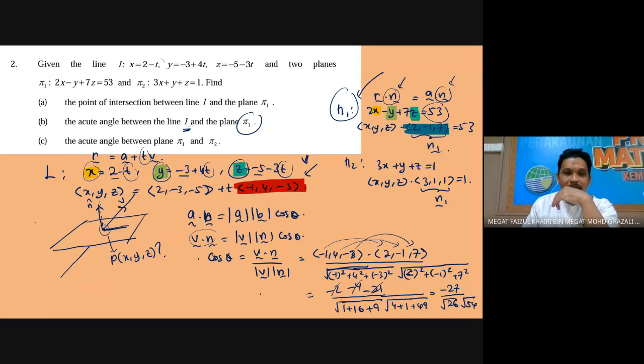So the angle from here, cos theta equals this.